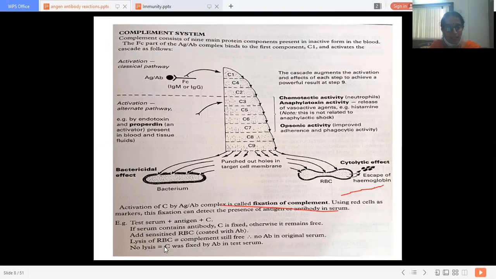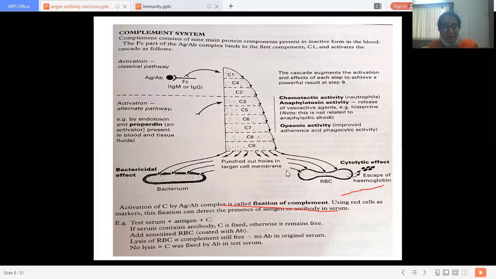If there is no lysis, the complement is fixed by immunoglobulin, that is, antibodies in the test serum. See, on this lysis, the test is confirmed as positive or negative: if the C remains free, then there is lysis.